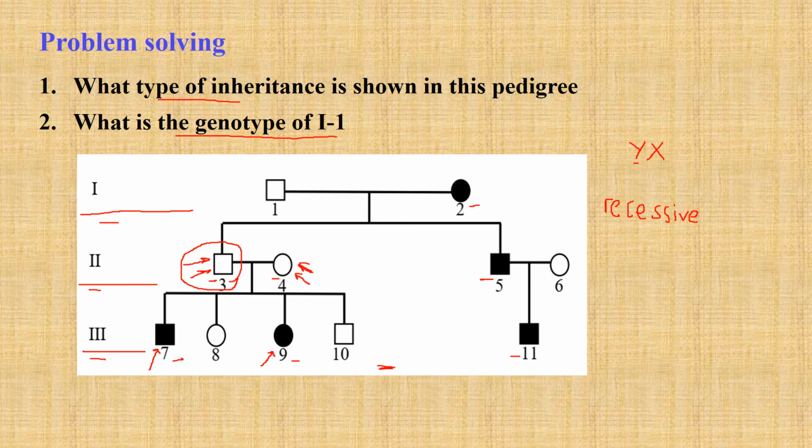So if the man has just one X chromosome and carries the mutated allele, let's say small n stands for the disease trait, the man must be sick. But here the man is normal, and for them to produce offspring that are sick, that man must be heterozygous. If it is sex linked, the man cannot be heterozygous. The man is either sick or normal, due to the fact that he has just a single X chromosome.